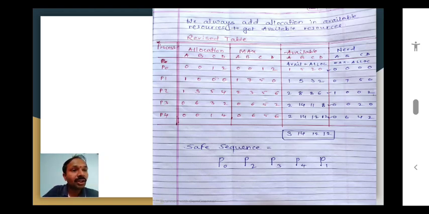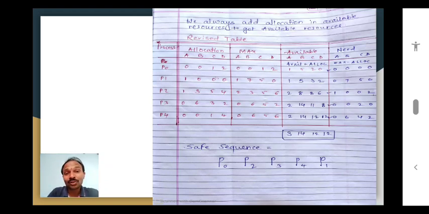The need is 0642, which can be easily fulfilled with 2, 14, 11 and 8, right? So P4 will again come in the safe sequence. So P0, P2, P3, P4 are in the safe sequence, right? And now I am getting the answer by adding 2, 14, 11 and 8 with 0014. So the answer is 2, 14, 12 and 12.